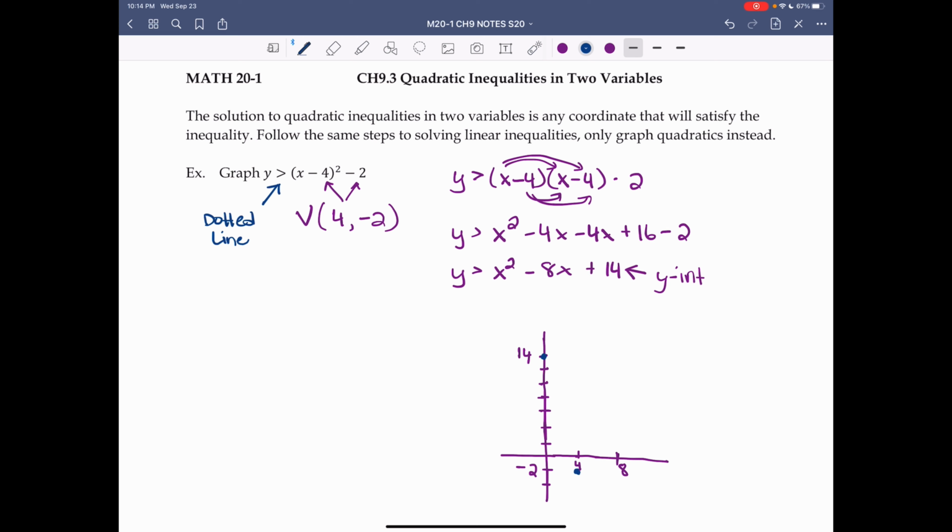Because parabolas are symmetrical, we must also have a point that is 4 units to the right and 16 units up from the vertex. So that would be at x equals 8 and y equals 14. Using a dotted line, we can join our 3 points together to create our parabola. And there is our parabola for this inequality.